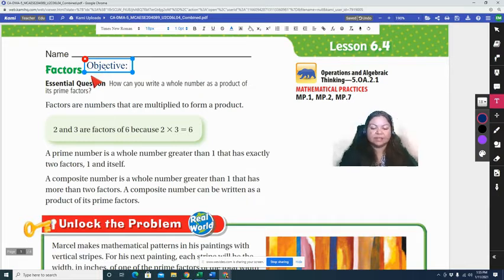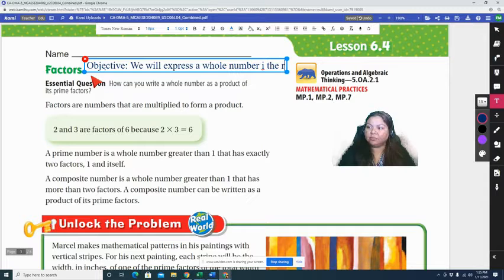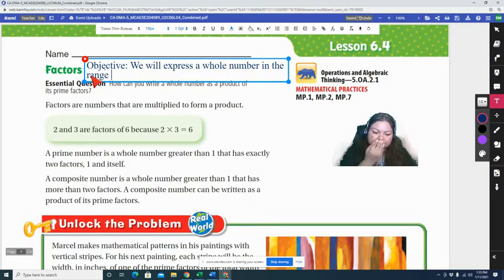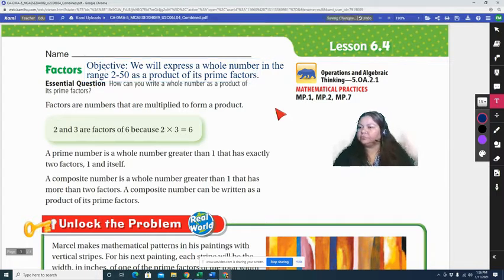The objective for this lesson is we will express a whole number in the range 2 to 50 as a product of its prime factors. So the essential question is, how can you write a whole number as a product of its prime factors?